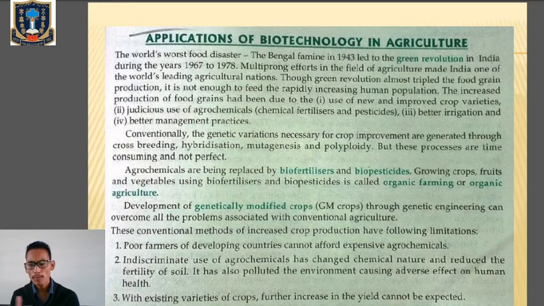Whenever we apply those chemical fertilizers on the agricultural fields, at the producer level, the concentration of those chemicals keeps increasing throughout the food chain, throughout the trophic levels, and ultimately we who are at the top of the food chain will be affected. And number three, with the existing varieties of crops, a further increase in yield cannot be expected. So these are the few limitations of the use of agrochemicals.